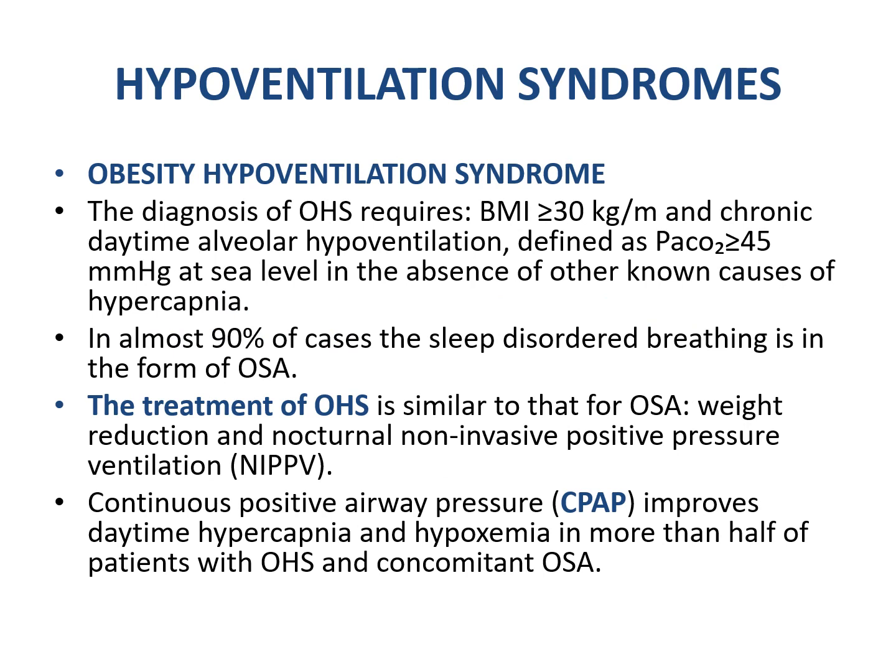Diagnosis of obesity hypoventilation syndrome requires BMI more than 30 kg/m2 and chronic daytime alveolar hypoventilation, defined as partial CO2 more than 45 mmHg at sea level in the absence of other known causes of hypercapnia. In almost 90% of cases, the sleep disordered breathing is in the form of OSA.